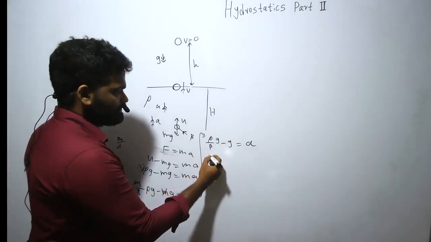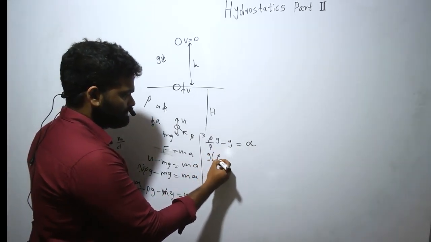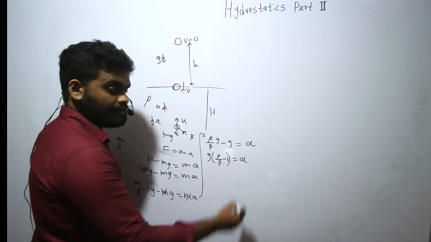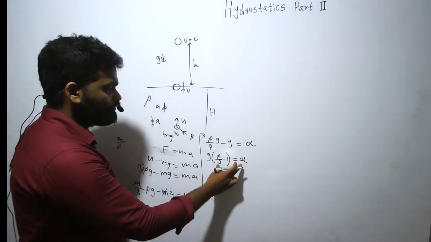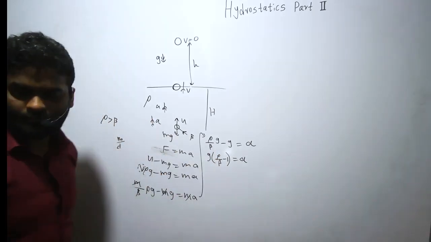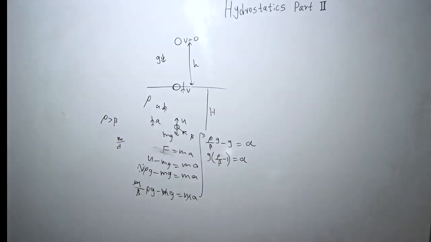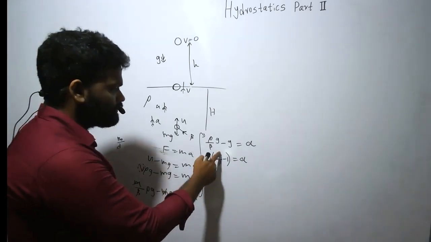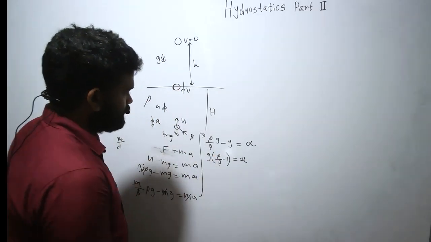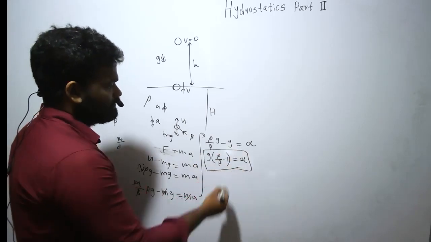Take g out, you get rho divided by beta minus 1. This is equal to simple A. Right? Now we found the acceleration in terms of rho, beta and g. Anyway, the final answer should be in terms of rho, beta and capital H. Okay. Right. Now we have this one.